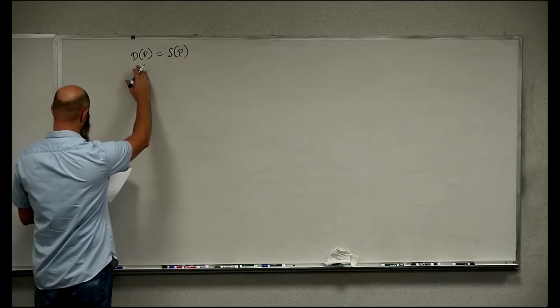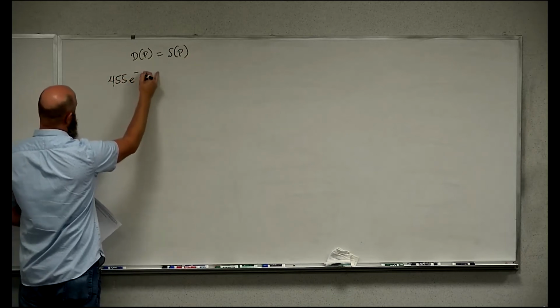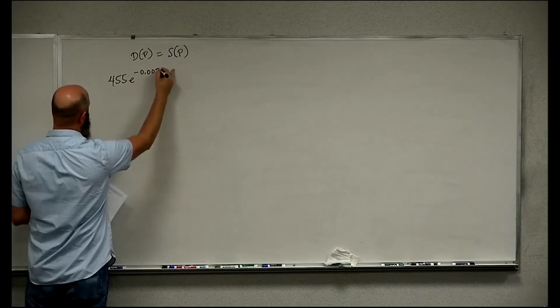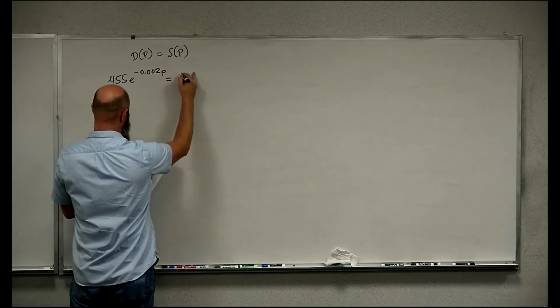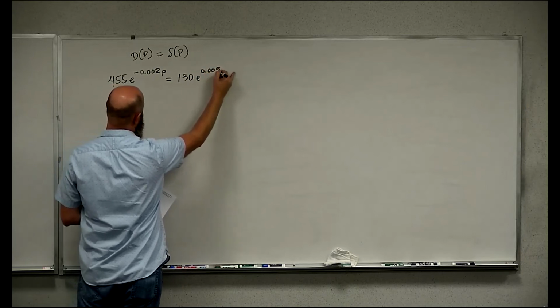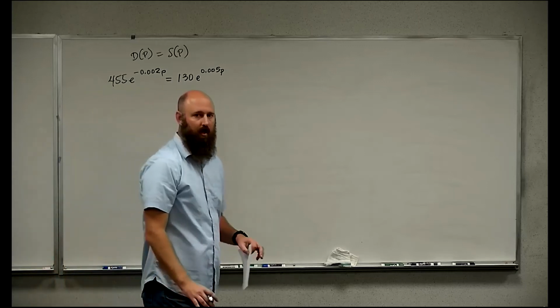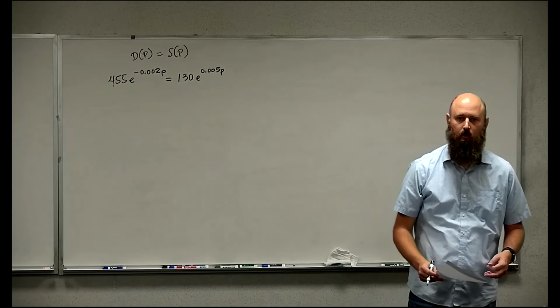We know D of P is 455 e to the negative 0.002 p, and we know S of P is 130 e to the 0.005 p. Now we need to start manipulating this equation to get down to what we need.